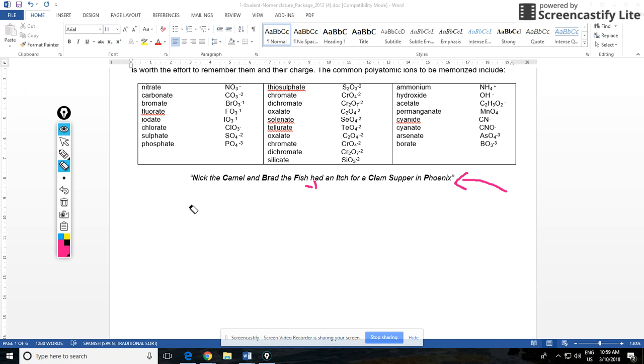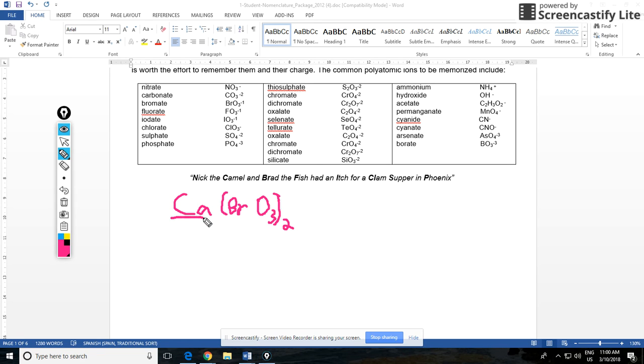Once again, when naming a compound that has a polyatomic ion, you simply name the metal first, and afterwards you name the polyatomic ion without making any modifications to the name whatsoever. Let's say we had this compound here, CaBrO3 twice.